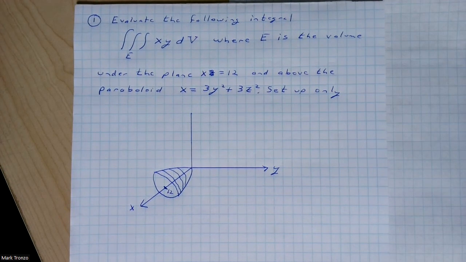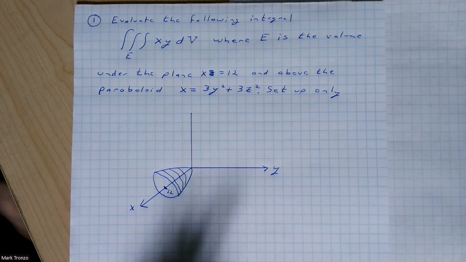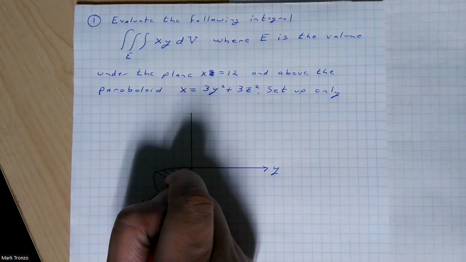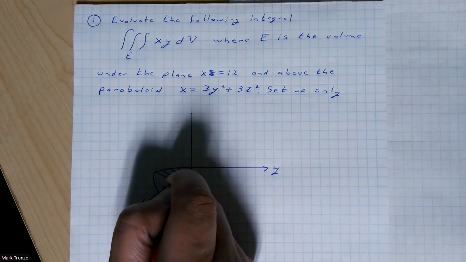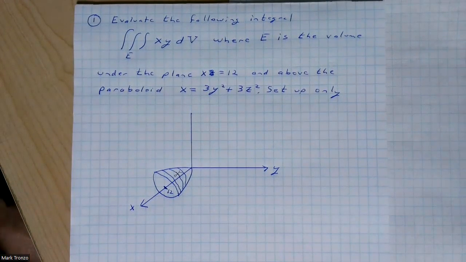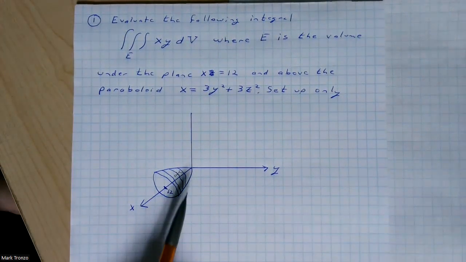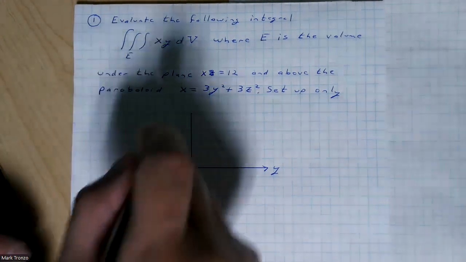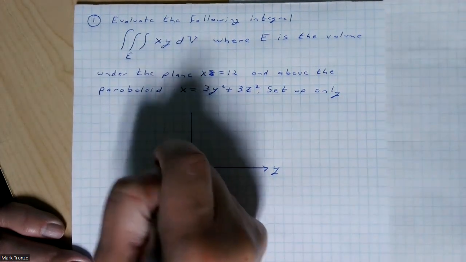And if you're in the positive x direction, this one's going to be pretty natural to integrate over x first. So again, imagine yourself standing in the volume in the positive x direction. So your feet are on the paraboloid and your head is pointing towards the plane.